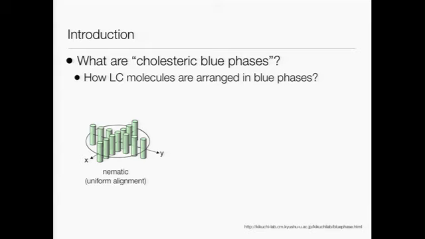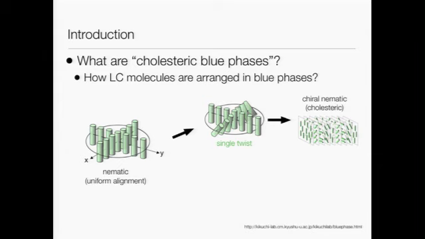But in a chiral liquid crystal, the director wants to take twist distortions, and if this twist distortion is along one direction, this is called a single twist. This is the important ingredient of the cholesteric phase or chiral nematic phase. But you can see that the orientation is uniform along the direction perpendicular to the twist direction.